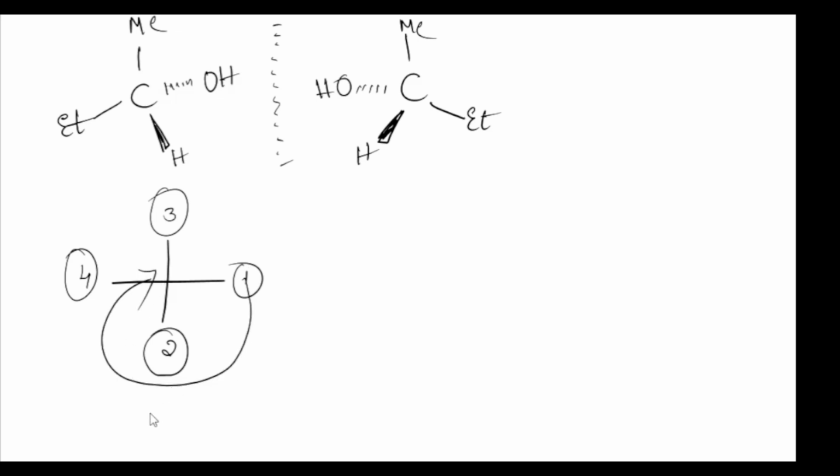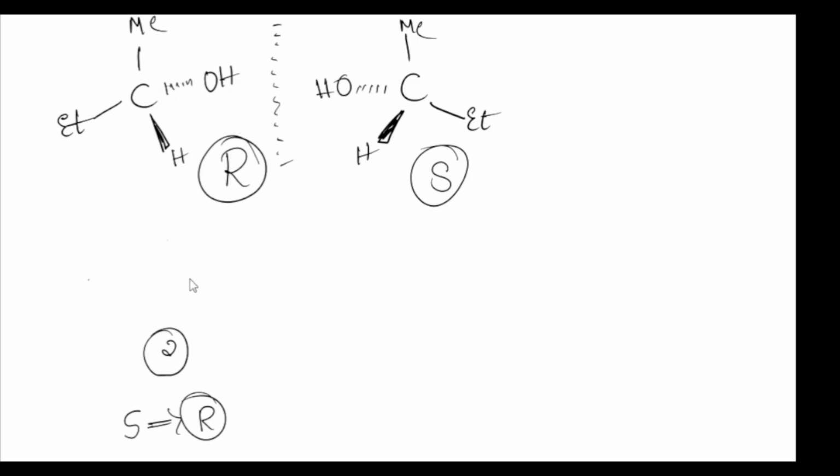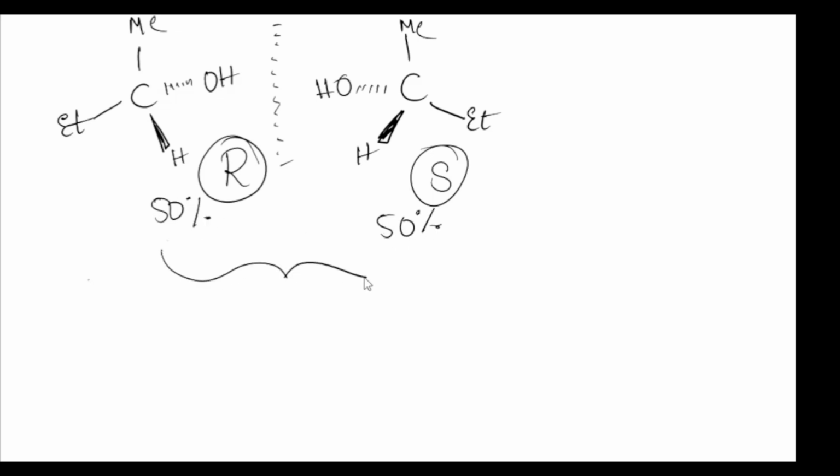It is coming like this, that means S is there. S will change to R. Suppose this is R configuration, then the other is going to be S configuration. That means an equal amount of R and S configuration is there. If R and S are equal, that means this is 50% and this one also 50%. Then we will call that mixture a racemic mixture.